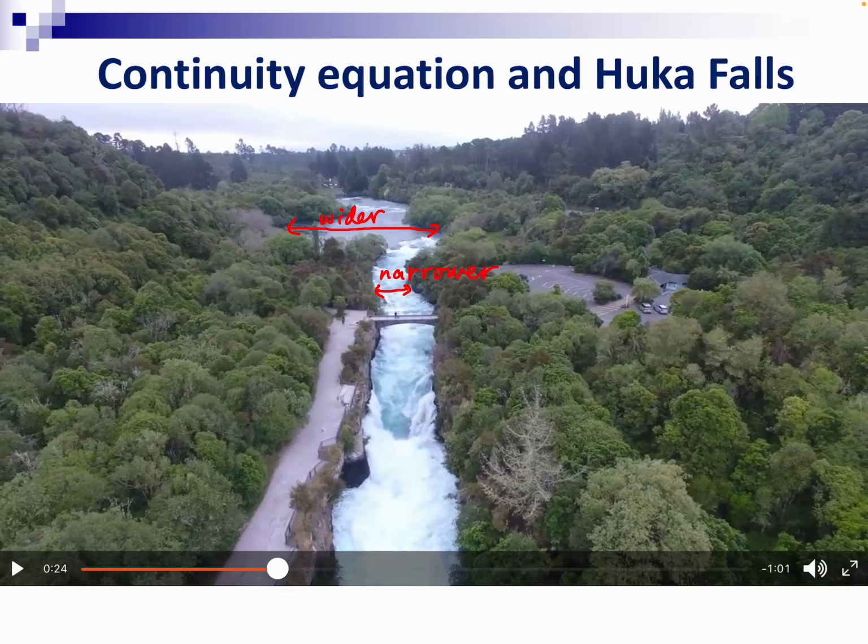So the turbulence in the narrower part is because of water moving faster through this narrower part compared to the movement of water through the wider part. So at the wider part, water flows slower, so you have a calmer flow of water, and at the narrower part, the water moves faster. And hence you have this turbulent flow.